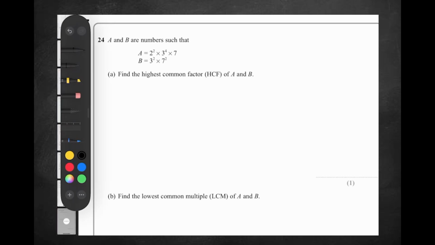So we basically want to find the most number of factors that multiply together out of the list we're given here that are in both. So we know that 3 squared is in both, and 7 is in both. Therefore, 3 squared times 7 is the highest common factor, which is 9 times 7, which is 63.